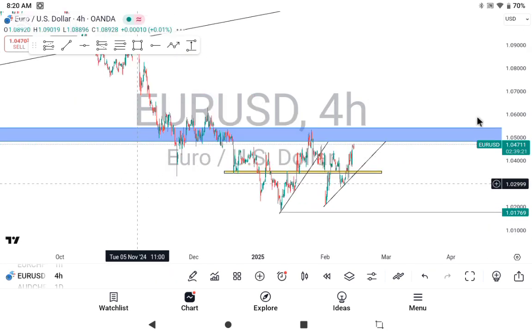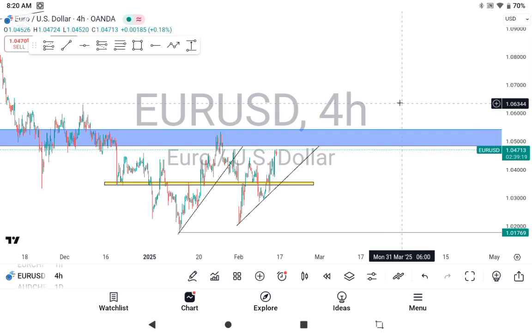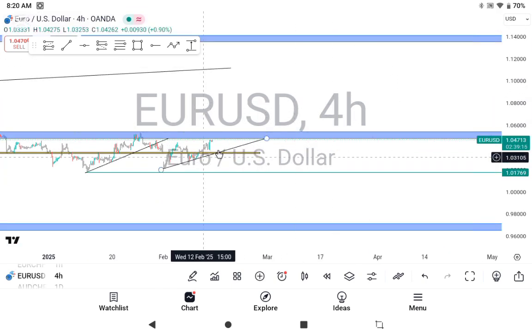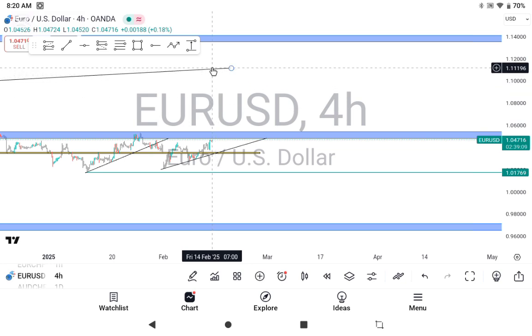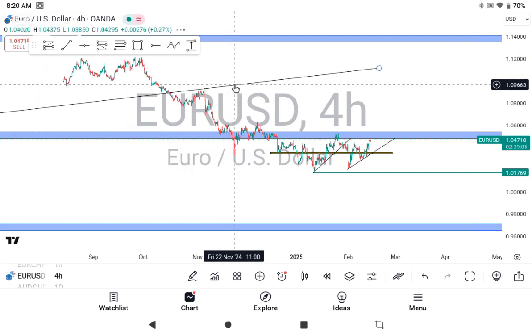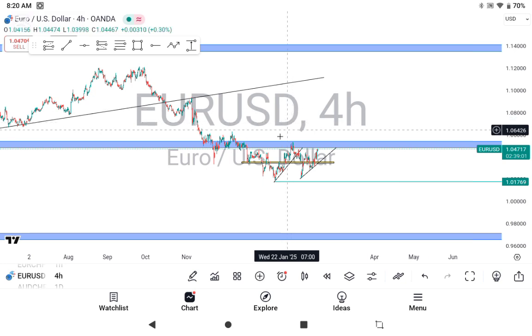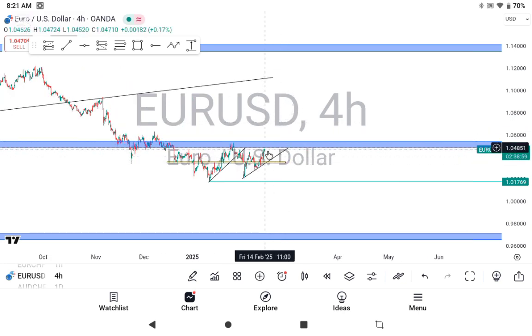EURUSD can still blow up again to come test this outer part of this trend line. I repeat, if EURUSD does not sustain below this resistance level right here, and it breaks and closes above it, it's coming to test this outer part of the trend line.